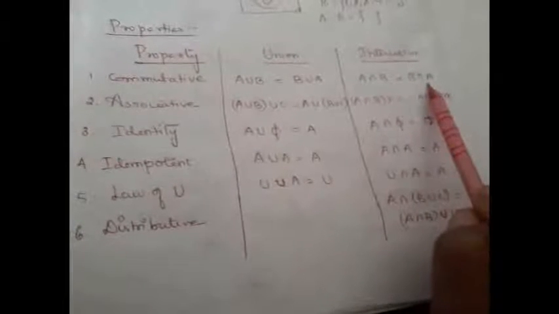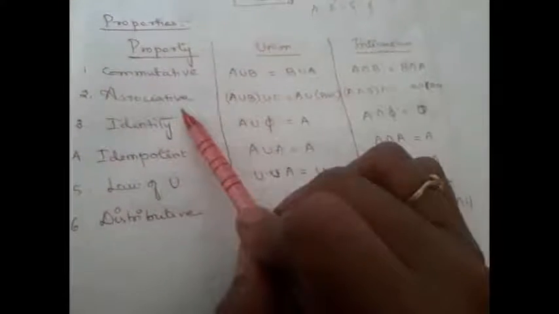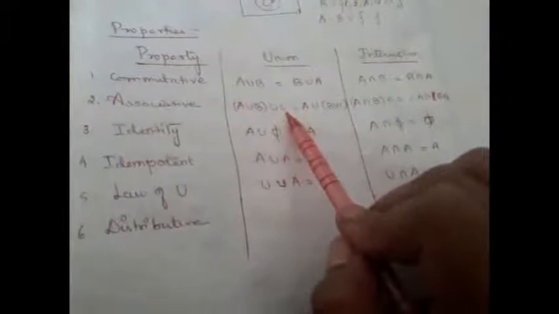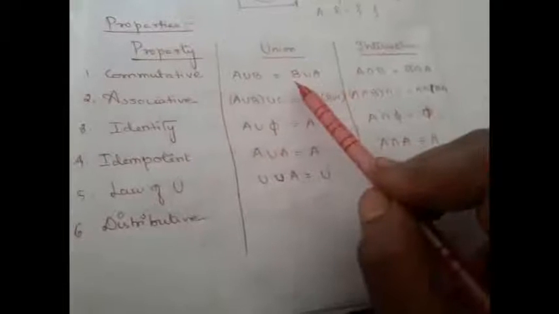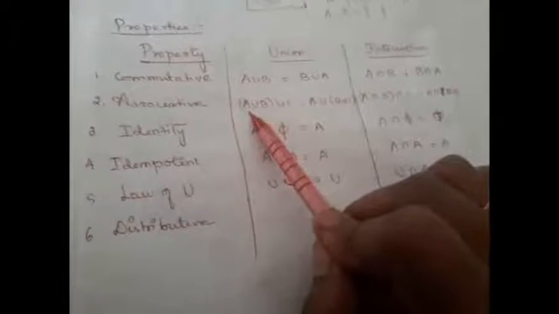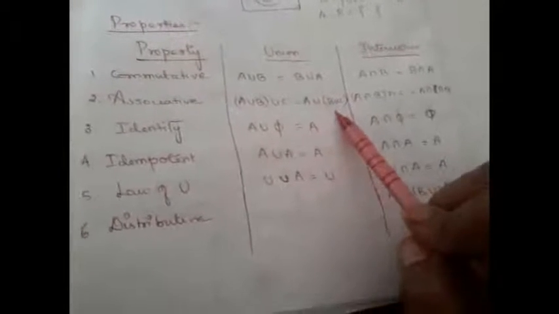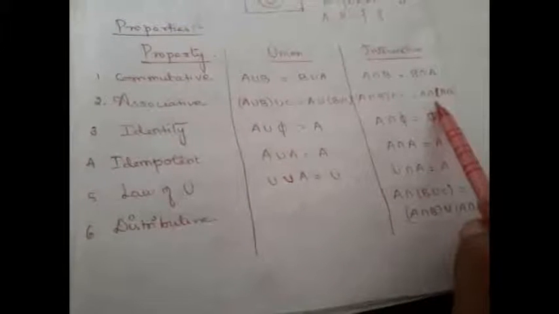A intersection B is same as B intersection A. Next property is associative. Associative is for three sets, right? The same operation can be extended for three sets even. We will be seeing while solving problems. So A union B union C is same as A union B union C. The same way intersection is also associative.